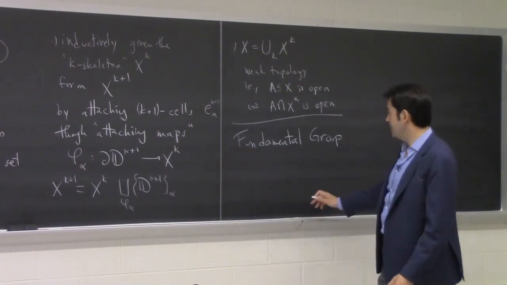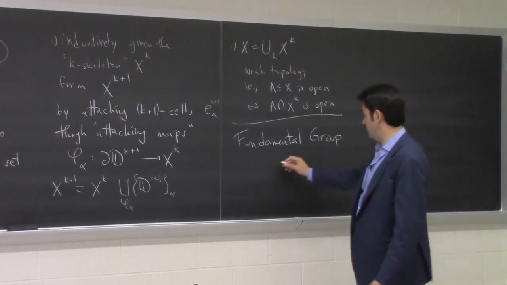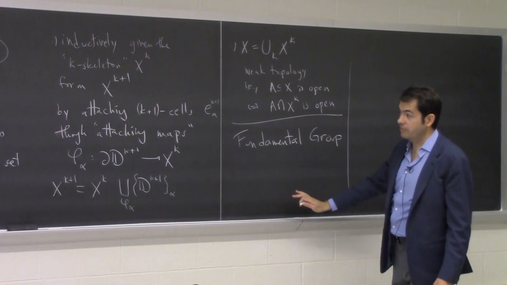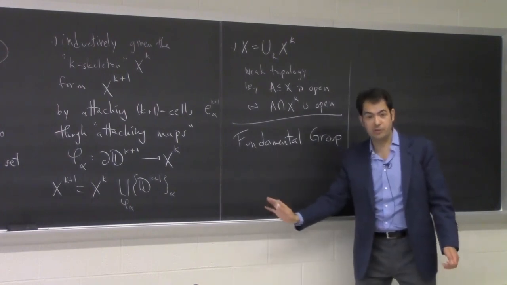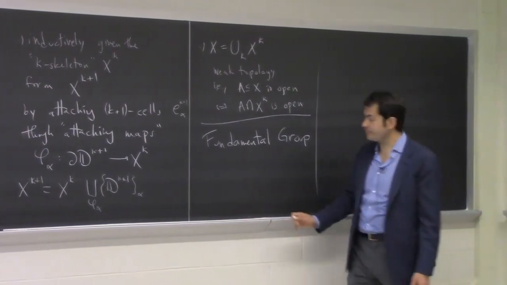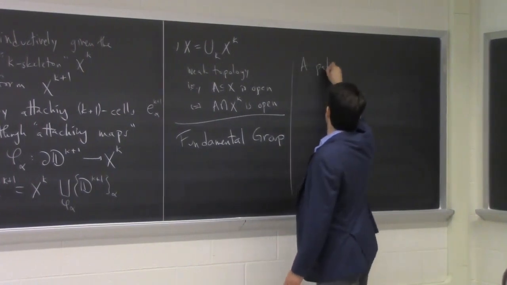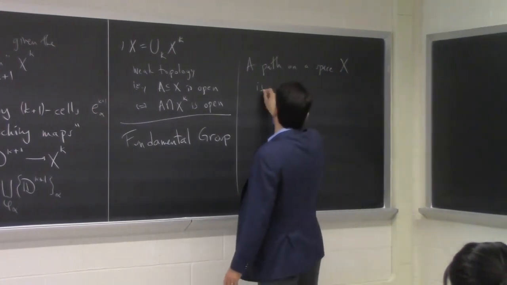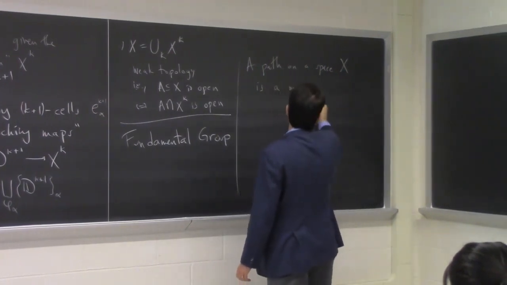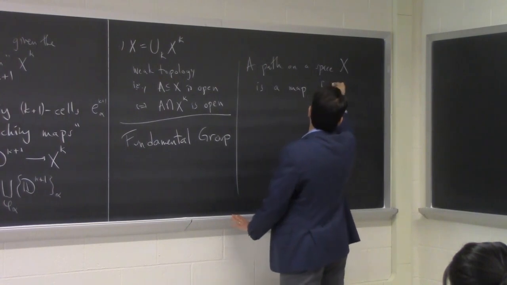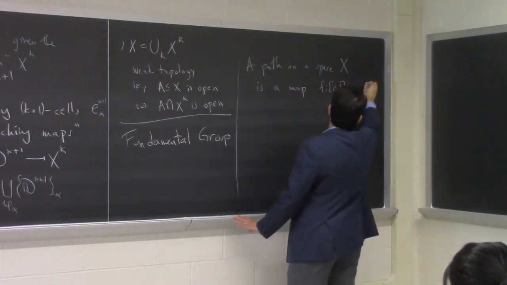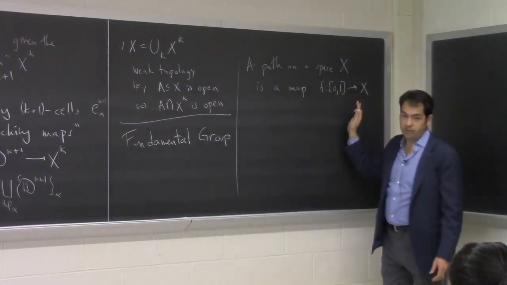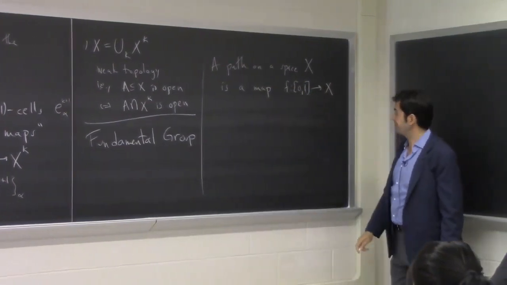Okay? So let's start by talking about paths. Remember, our convention is that all spaces are topological and all maps are continuous. So a path on a space X is just a map from the unit interval to X. It could be any interval, but we use the unit interval as the convention.